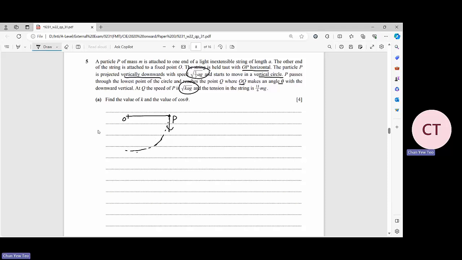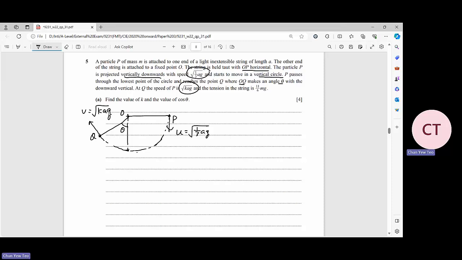This vertical circle will pass through the lowest point, and it will reach a point called Q, where OQ makes an angle theta with the downward vertical. So this is the diagram. At the beginning, your speed is square root of 1 over 3 ag. When you reach Q, your speed is square root of kag.